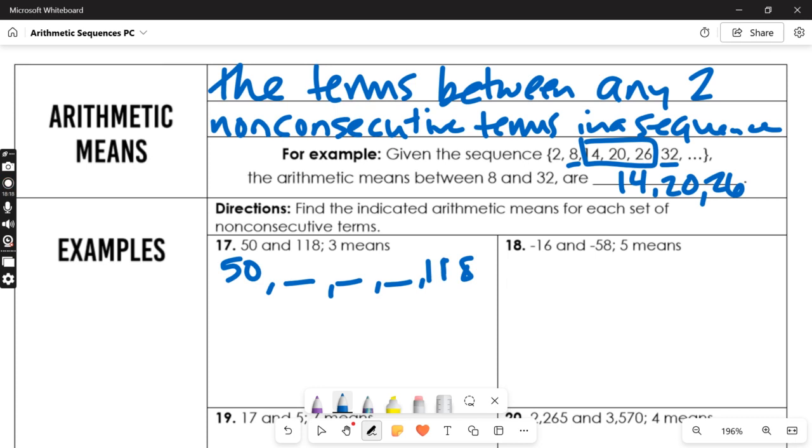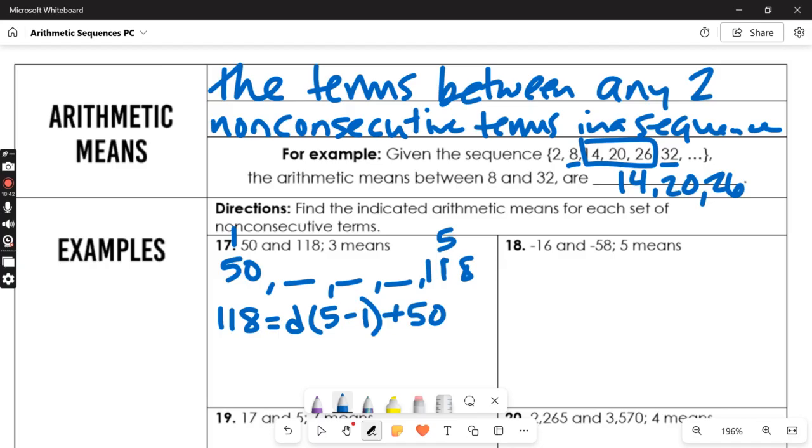So I can work backwards, doing the same thing I did before. I'm going to say 118 is equal to d times 5 minus 1, since it's my fifth term, plus my first term, 50.